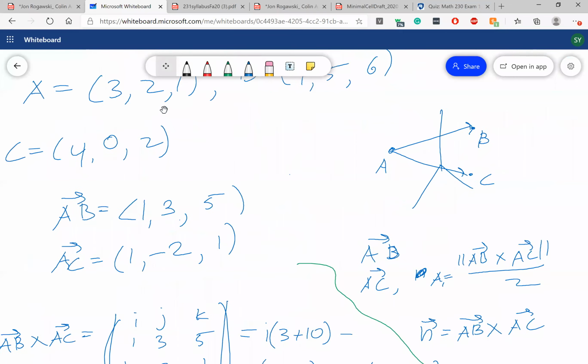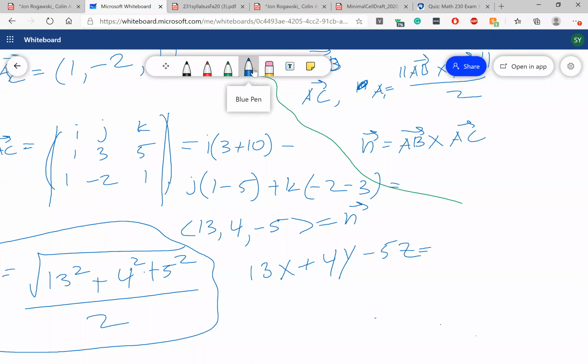3, 2, 1. So this is going to be 13 times 3 plus 4 times 2 minus 5 times 1. So this is equal to, so this is 8 minus 5, so this is 3.